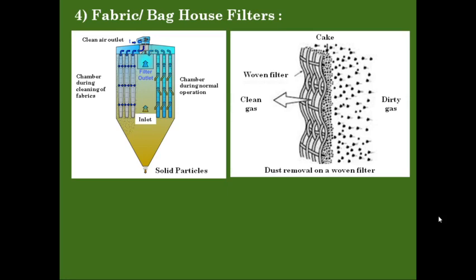In that case, compressed air is pumped inside these filters so that the dust particles adhered on the surface of these fabric filters will forcibly get detached from the fabric surface and reach the hopper point or the tapering bottom, and from there it can be removed very easily by opening the valve of these hoppers. But whenever we use these fabric or baghouse filters, these filters are associated with certain limitations.